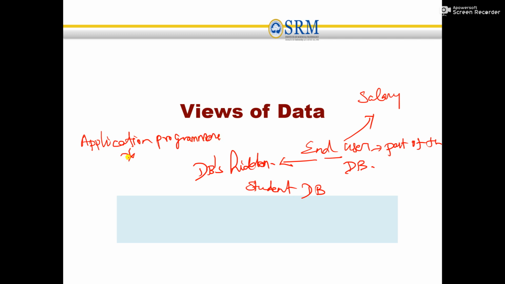These application programmers access the databases by writing and executing programs. Compared to the end user, the application programmer should have a higher level of view of the database. And we have the DBA, the database administrator.